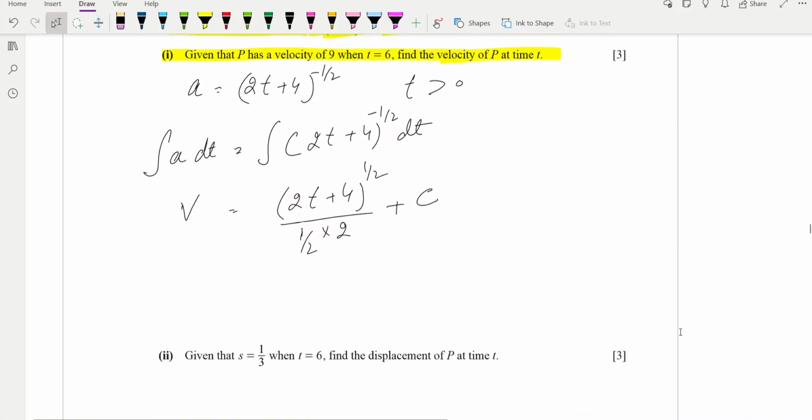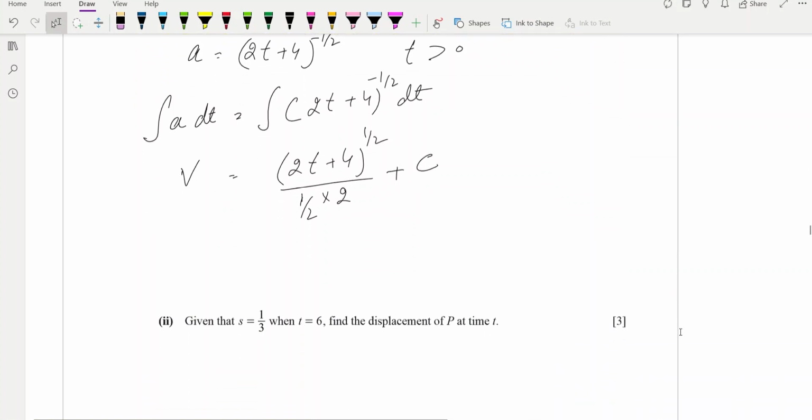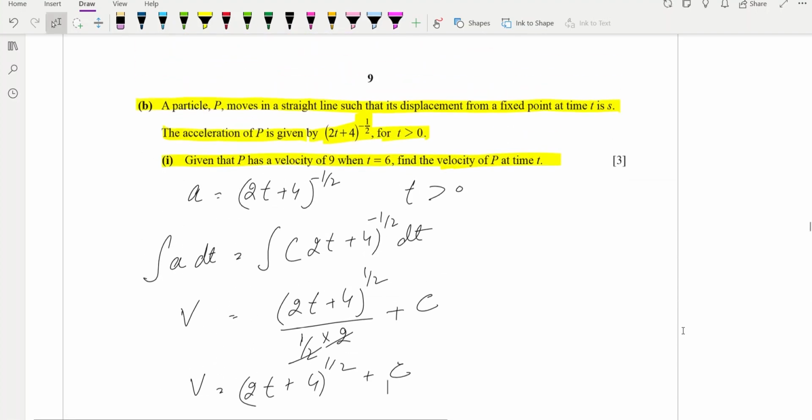Now we can cancel these two and we get v is equal to 2t plus 4 raised to the power 1 by 2 in brackets, plus c. Now at v is equal to 9, t is equal to 6.